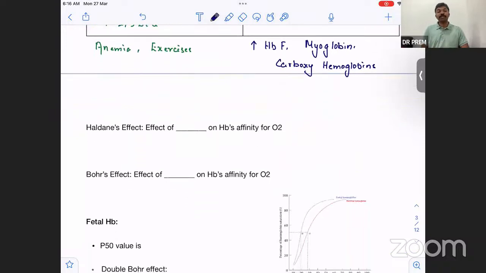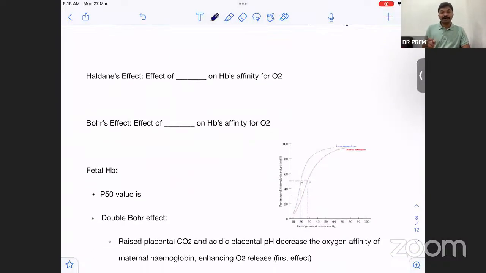Now, what is most important is you need to be familiar with the effects that govern right and left shift. At the outset, let's see what Haldane's effect is. Please remember, Haldane's effect is the effect of a gas and its partial pressure on oxygen affinity. Whenever there is an increase in partial pressure of carbon dioxide, the affinity of hemoglobin towards oxygen decreases.